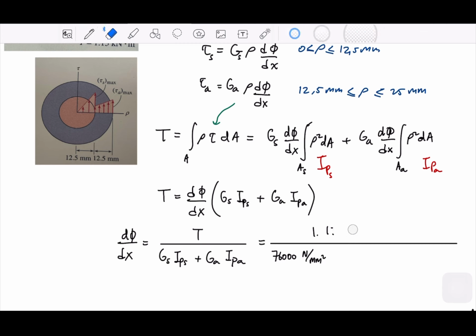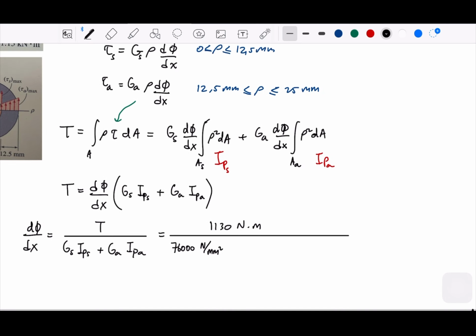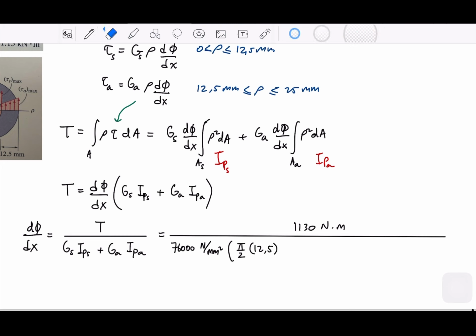Maybe this is the kilo, I will write in thousand to make this Newton. And then multiply the inertia. The inertia is pi over 2 for the steel, the inside, and then multiply with 12.5 to the power of 4.